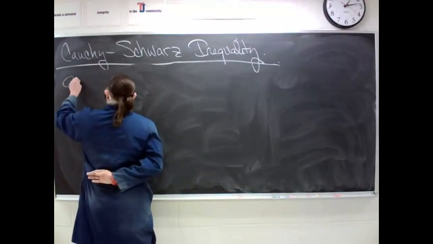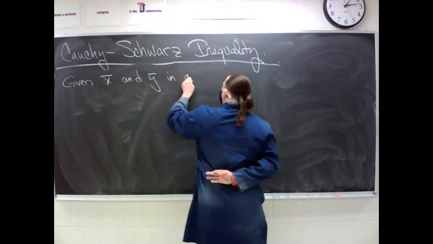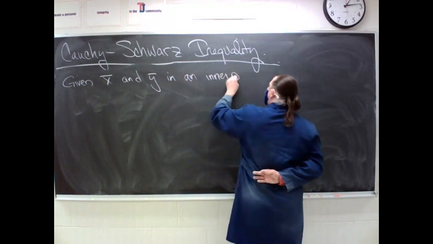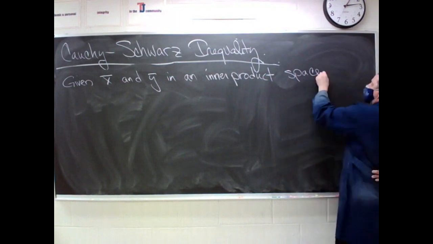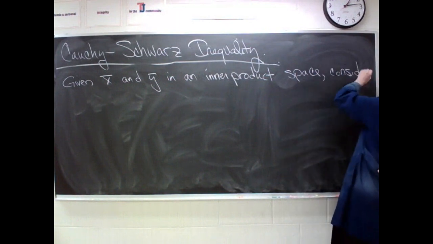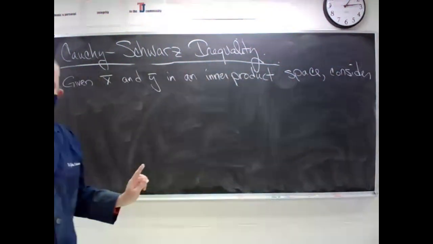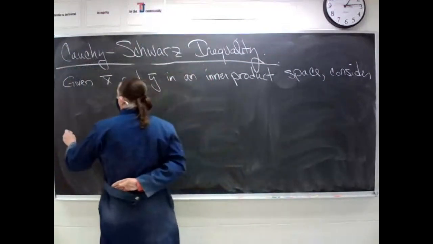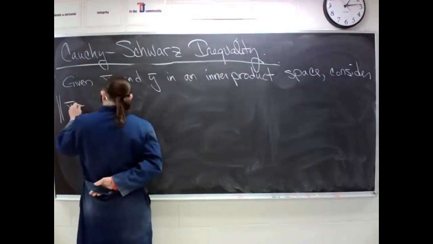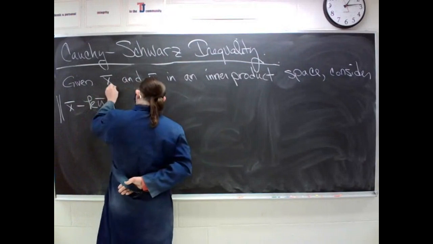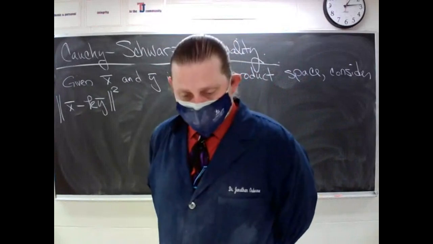So, given X and Y in an inner product space, an arbitrary inner product space, I want to consider the square of the norm of X minus ky for some real constant k.